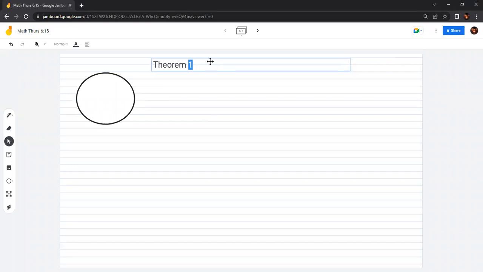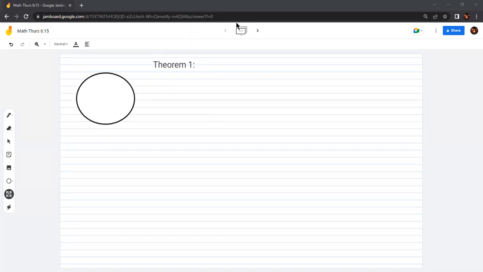All right, so let's look at the first theorem, or the first rule. Anytime we have a chord, this chord could be this way, this way, this way, or even this way.